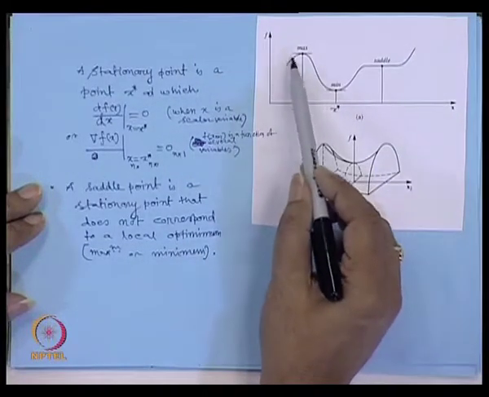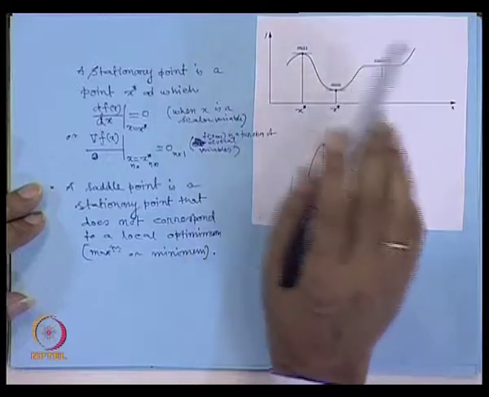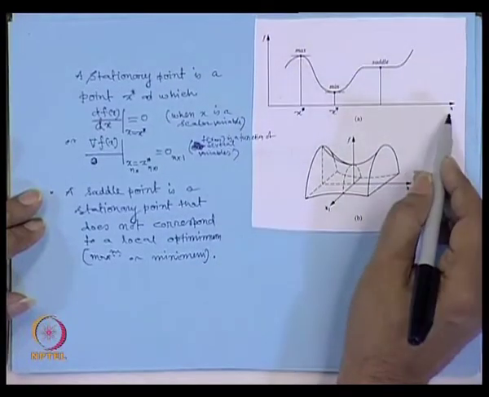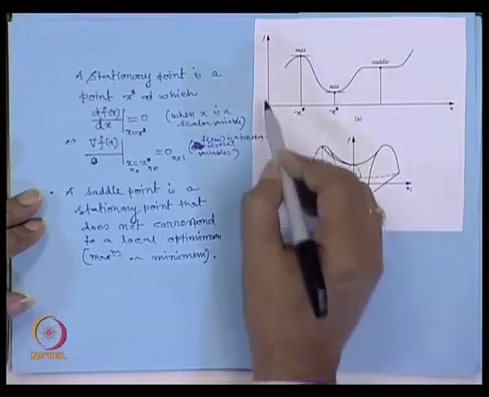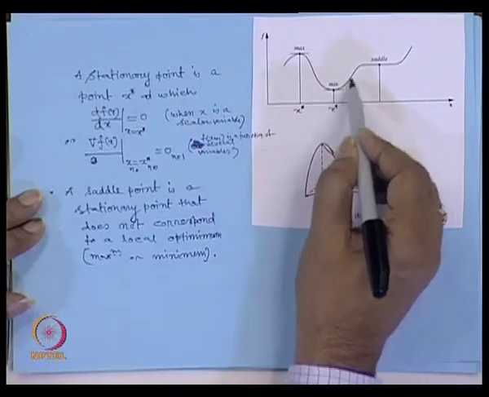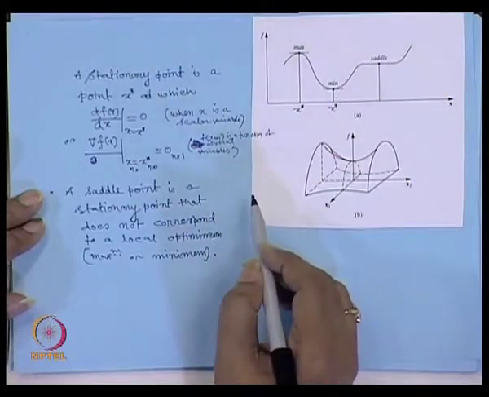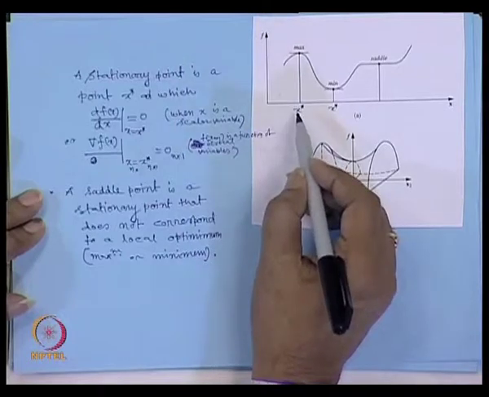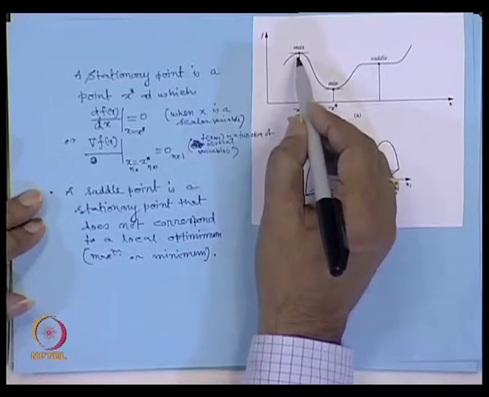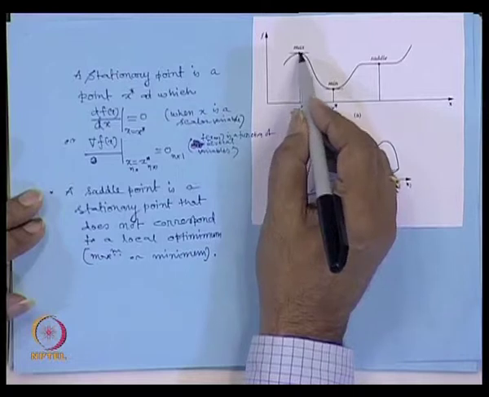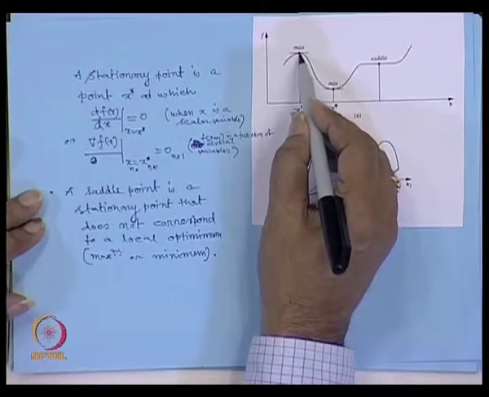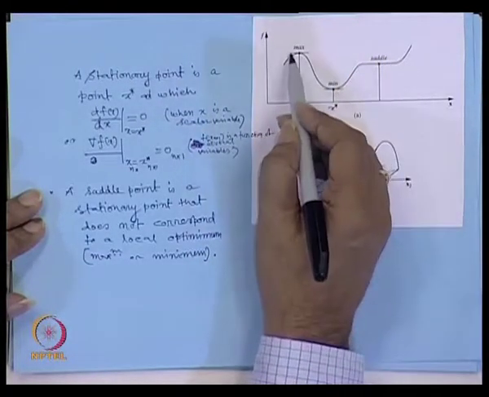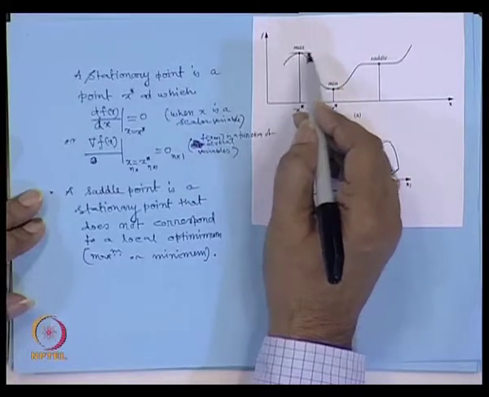Let us call f of x, which is a scalar variable, a single variable only, and we have the function like this way. Agree? Then at x is equal to x star, you see at this point you got the maximum value of the function. Agree? For scalar case, we know the derivative at this point, the slope, will be 0.